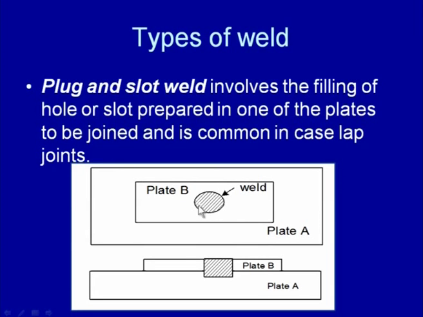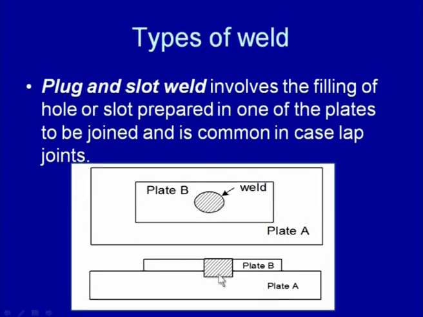A circular slot is made for developing the plug weld, and a square or rectangular slot is made in the top plate for developing the slot weld. And after making the slot in the top plate, it is kept over the other plate, and then weld metal is deposited from the top by melting the edges of the top plate and a little melting of the bottom plate.